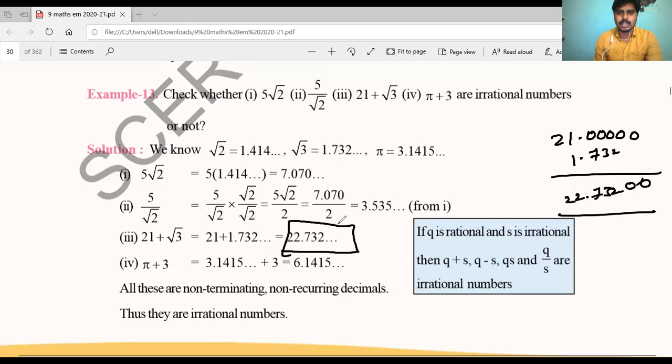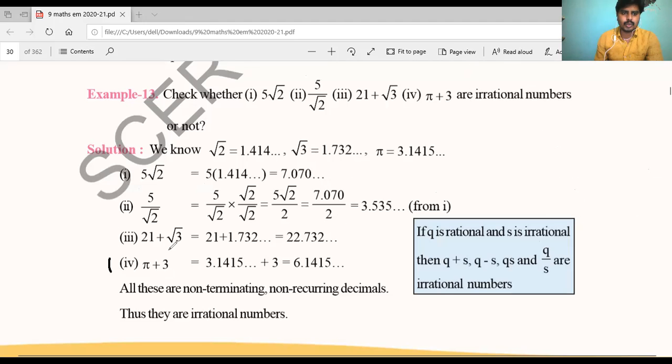That is also an irrational number. Here it is also an irrational number. And coming to the fourth one, pi is an irrational number, 3 is a rational number. So pi plus 3, what is the pi value?